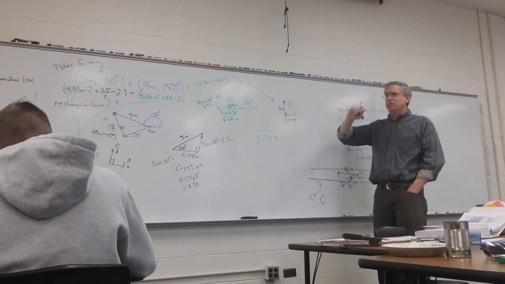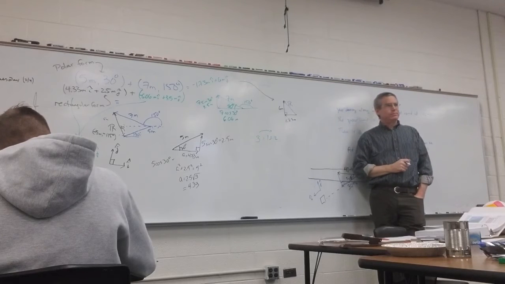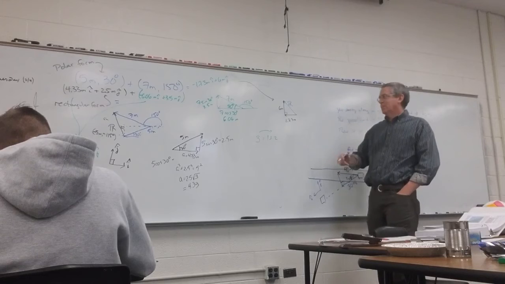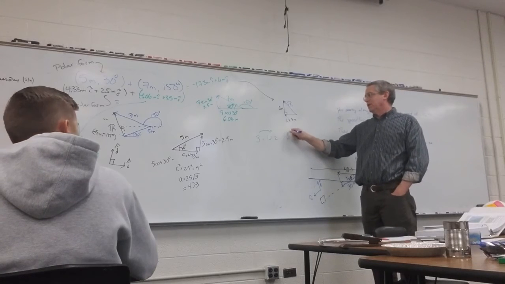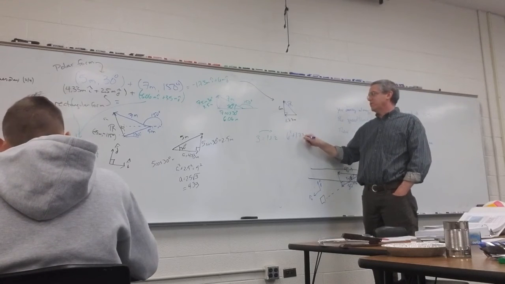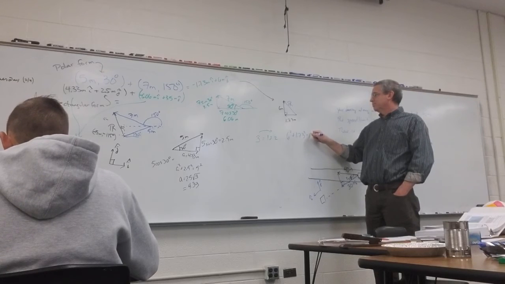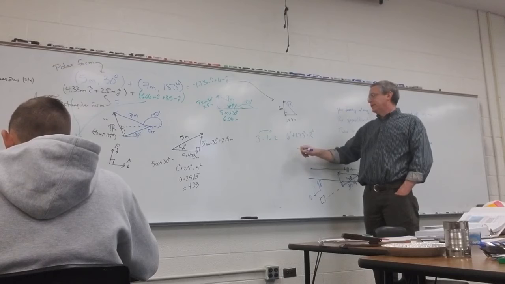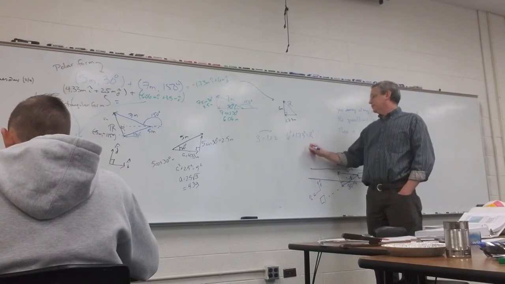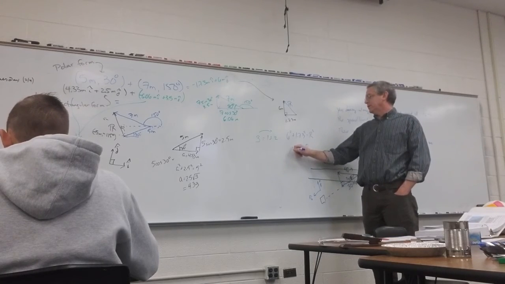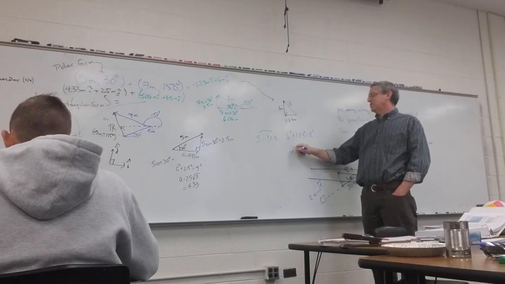How do I find the magnitude of the resultant? Pythagorean theorem. Everyone's favorite theorem. 6 squared plus 1.73 squared equals r squared. So r is going to be, let's go with 6.7.